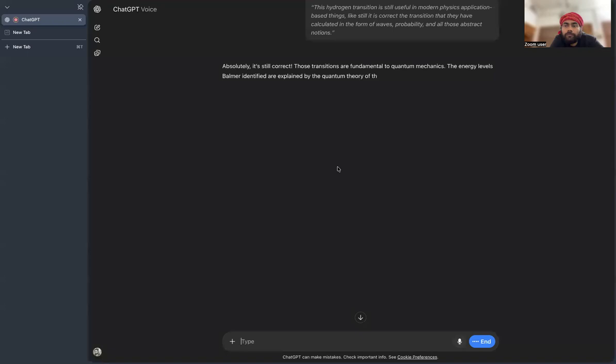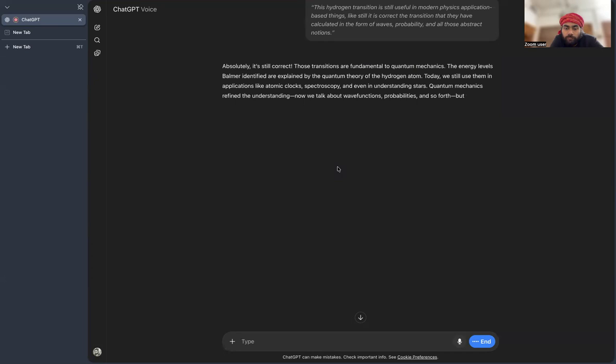The energy levels Balmer identified are explained by the quantum theory of the hydrogen atom. Today, we still use them in applications like atomic clocks, spectroscopy, and even in understanding stars. Quantum mechanics refined the understanding. Now we talk about wave functions, probabilities, and so forth, but the actual energy transitions are the same. So, from 19th century observations to cutting edge tech, hydrogen's transitions remain essential.